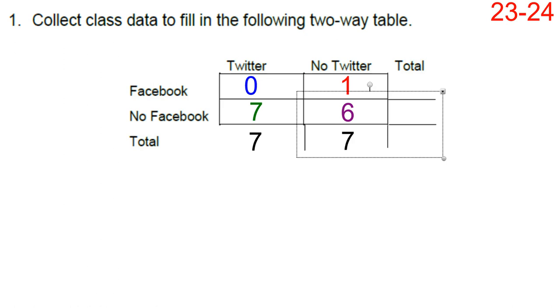The non-Twitter users have a total of 7. The Facebook users was 1. The no Facebook users were 13. So I have a total of 14 people in this sample. And again, that's coming from all of the people organized. Look at your horizontal total, 14, vertical total is 14.